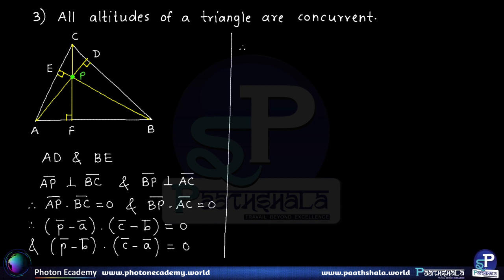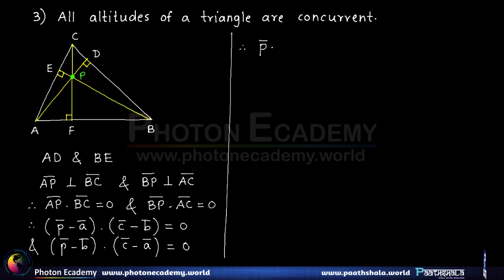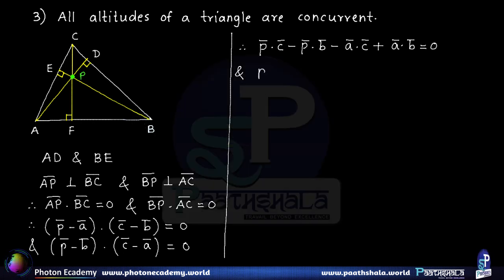Simplifying the first one, we get P bar dot C bar minus P bar dot B bar minus A bar dot C bar plus A bar dot B bar equals 0. Simplifying the second one, we have P bar dot C bar minus P bar dot A bar minus B bar dot C bar plus B bar dot A bar equals 0.